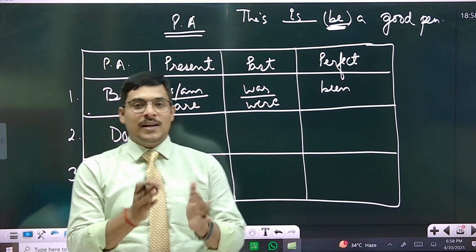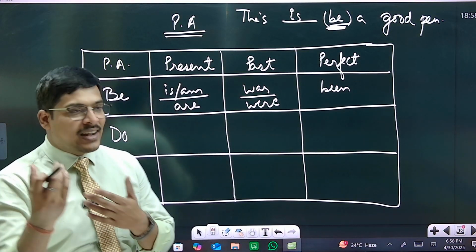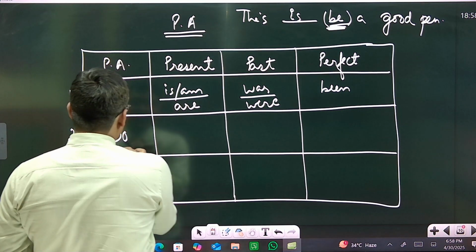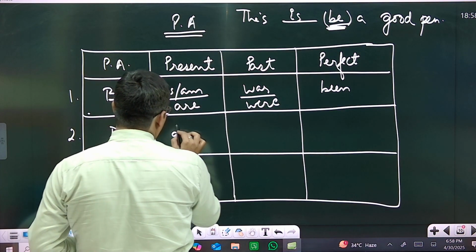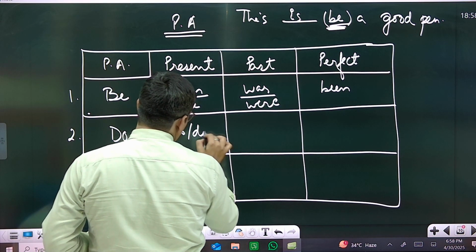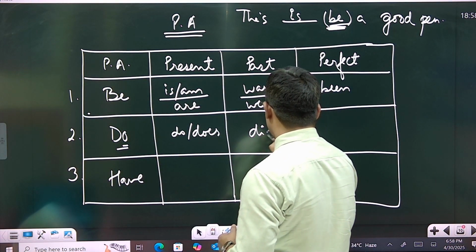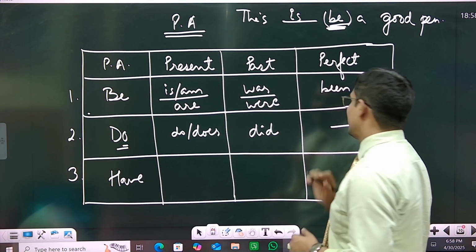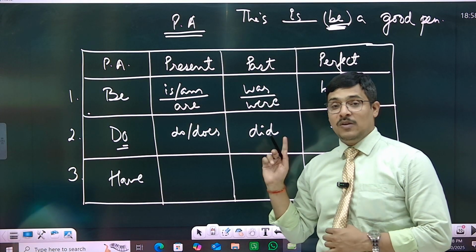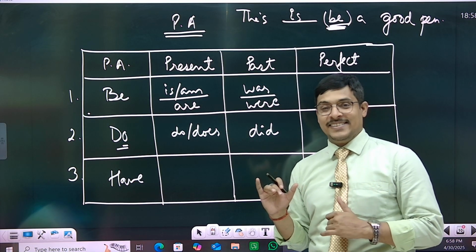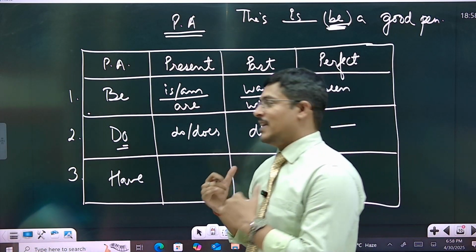He has done his work. His work has been done by him. Remember it. Now do. Do present: do or does. Do past is did. Do perfect, nothing. It is not the main verb, so don't say do, did, done. It is an auxiliary verb.